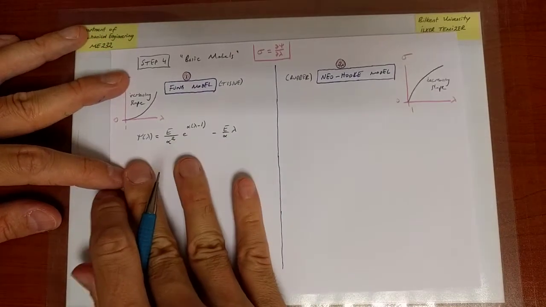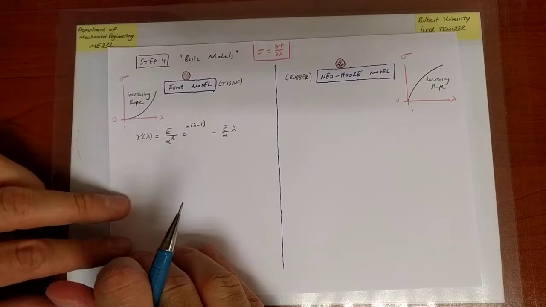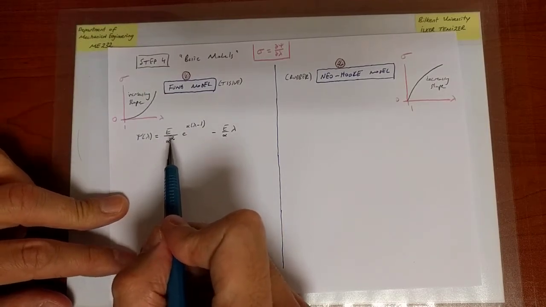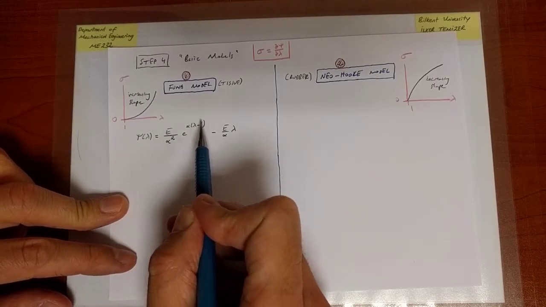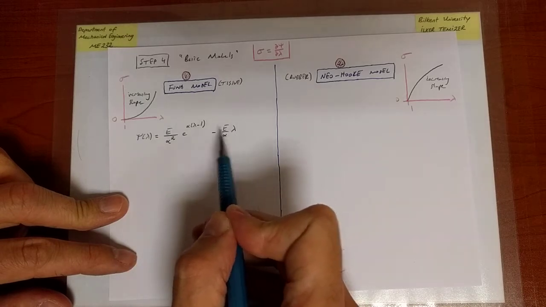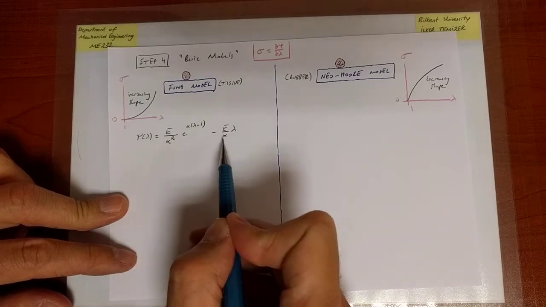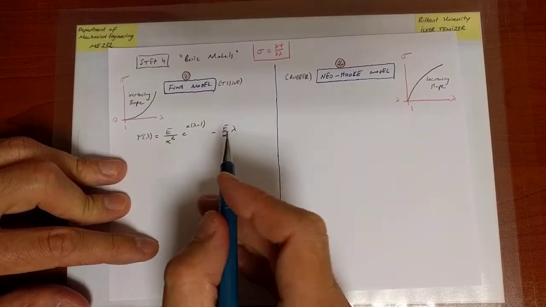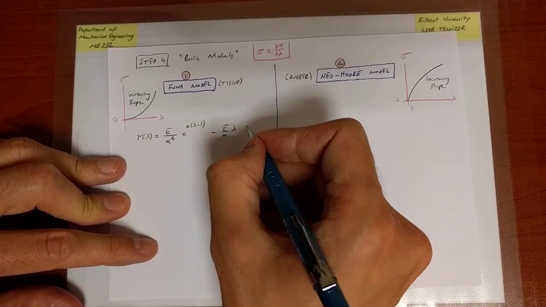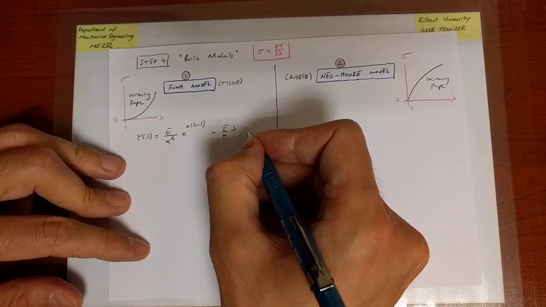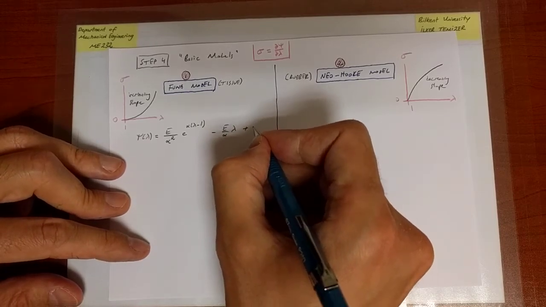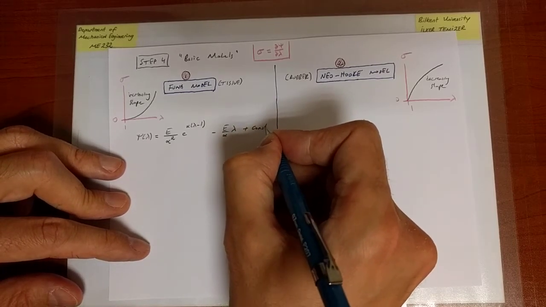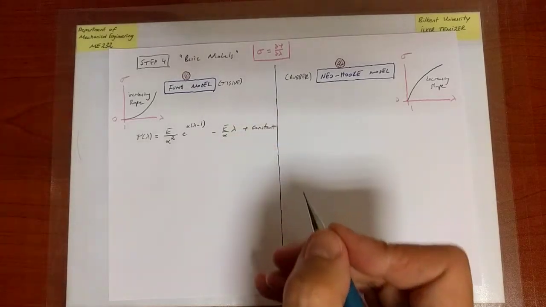Now, that's the form of the strain energy function, which I'm going to call the Fung model. Notice that if you plug in lambda equals 1, this is 1, that's also 1. So unless alpha is equal to 1, this thing is not equal to 0. So I get some amount of energy, although the material is not deforming. To reset that to a value of 0, here I really need to have a constant.